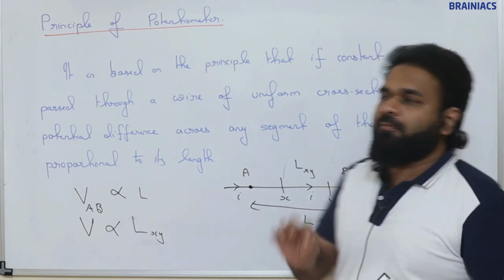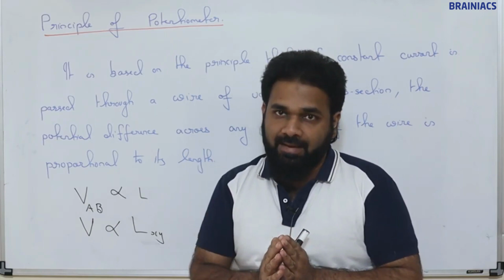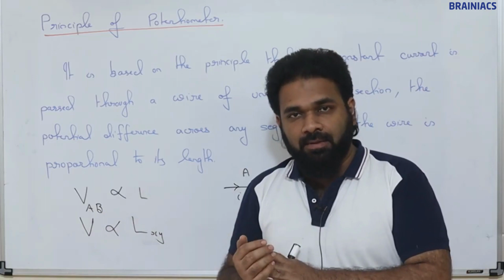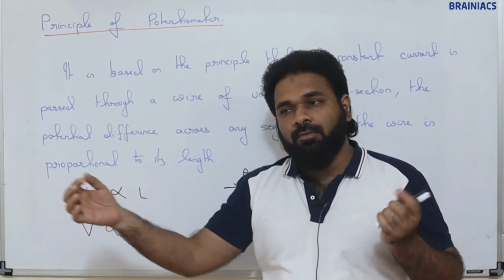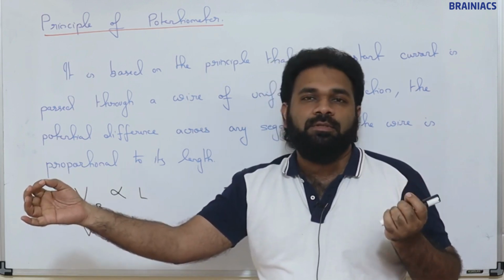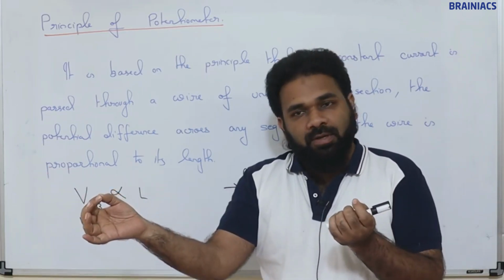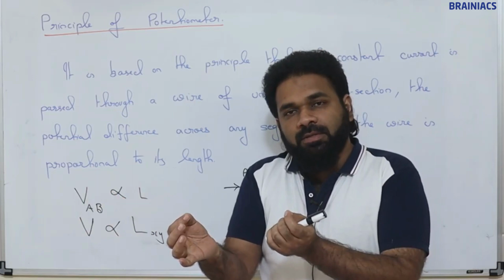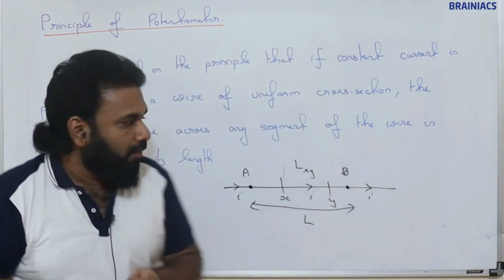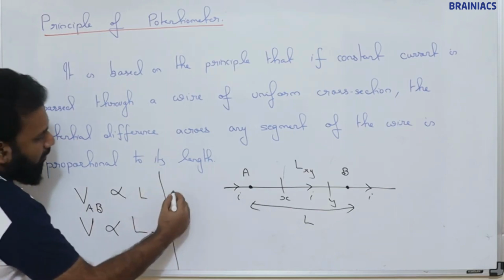In short, if we pass a constant current through a wire of uniform cross-sectional area, then the voltage is proportional to its length. If we consider 2 points which are very distant, the voltage will be more. If we reduce the length, the voltage will be less. Again, if we consider another 2 points of lesser length, the voltage will be less. This comes from the resistance formula also.